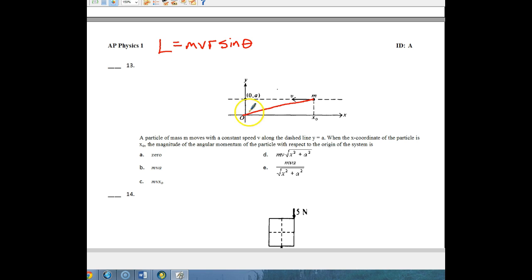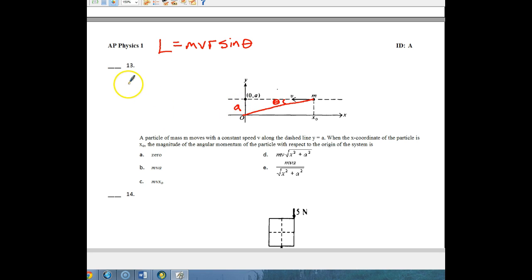So if we're standing here and it's going up and this is our direction of motion, our angle theta is this angle right here. If I take the radius times the sine of the angle, that gives me this position right here, which is A.